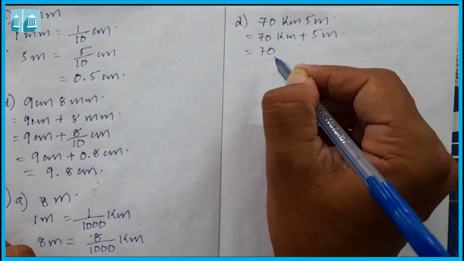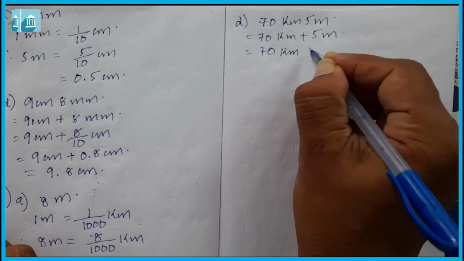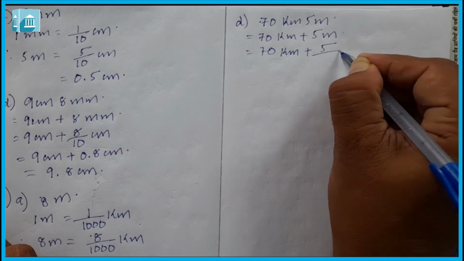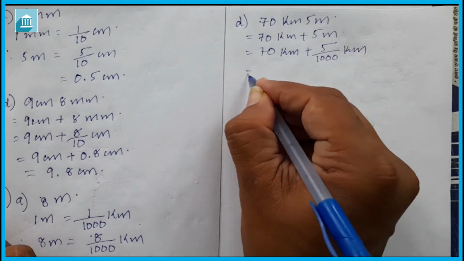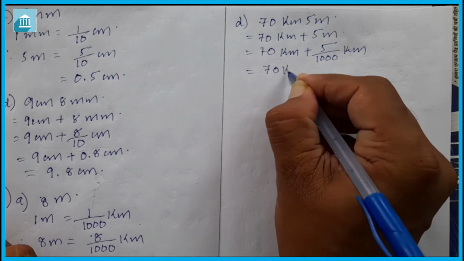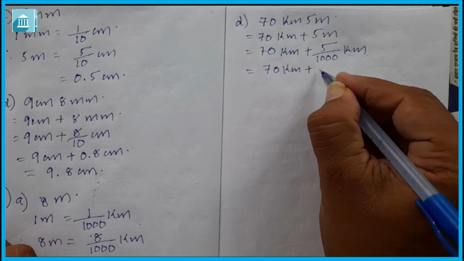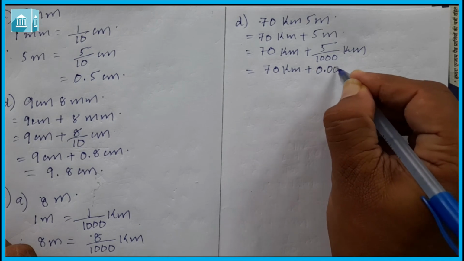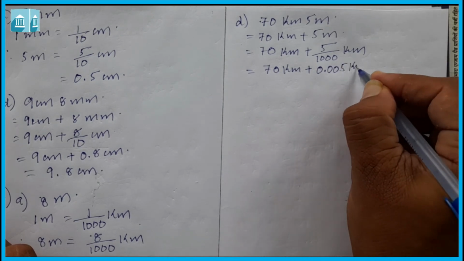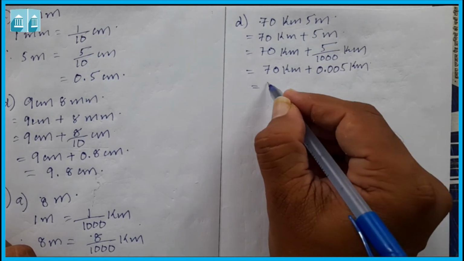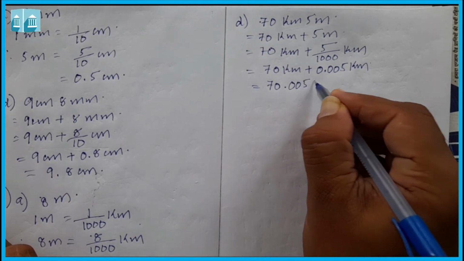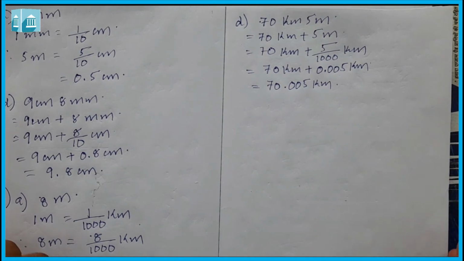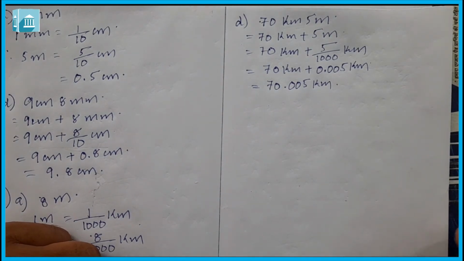This will be 70 kilometer plus this will be 5 upon 1000 kilometer. This will be 70 kilometer plus 0.005 kilometer. So answer is 70.005 kilometer. So this will be the answer.